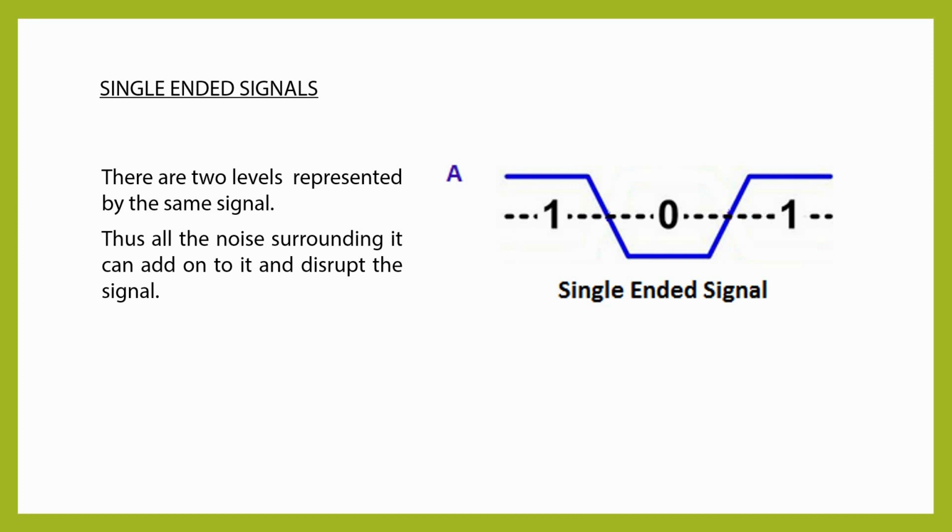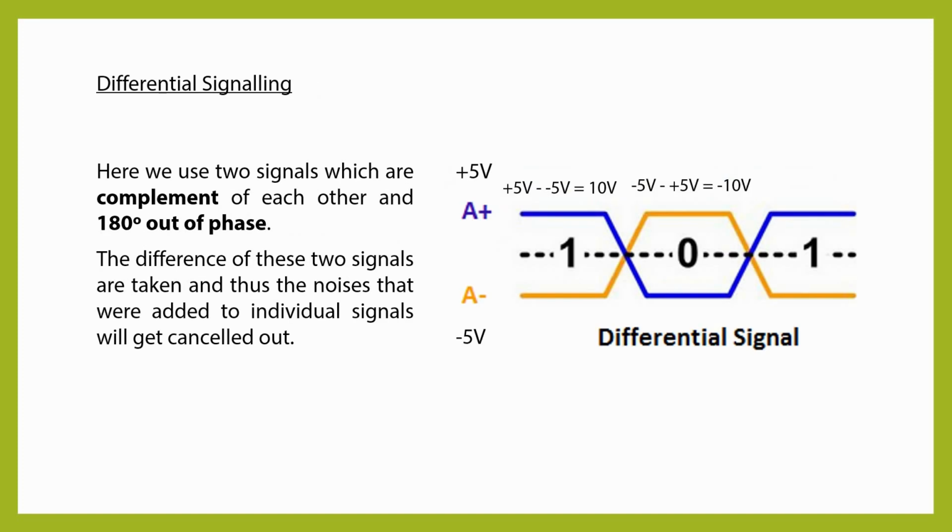So how does differential signaling solve this? We provide two signals which are complement of each other and 180-degree out of phase. As you can see in the figure, we have a +5 volt line, that is the blue wave, and a -5 volt line, which is the yellow wave. So we have two signals which are complement of each other in value, and they are 180-degree out of phase.